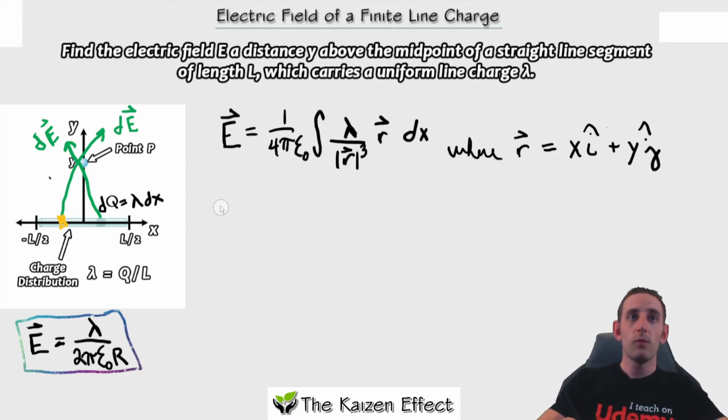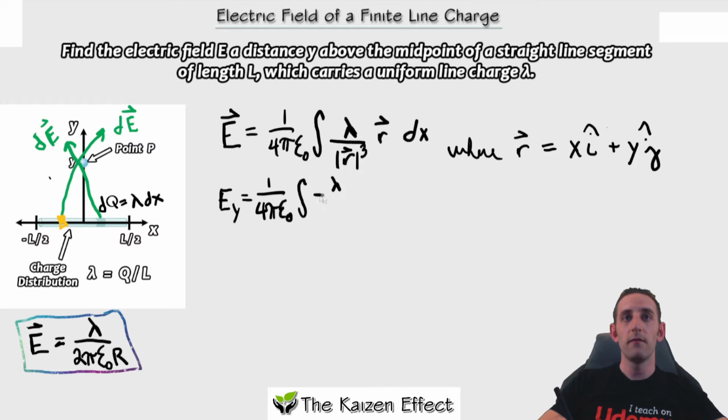So we find, if I grab the right pen, Ey is equal to 1 over 4 pi epsilon naught, and we're going to have to integrate still, lambda y over x squared plus y squared, again, to the 3/2 dx.